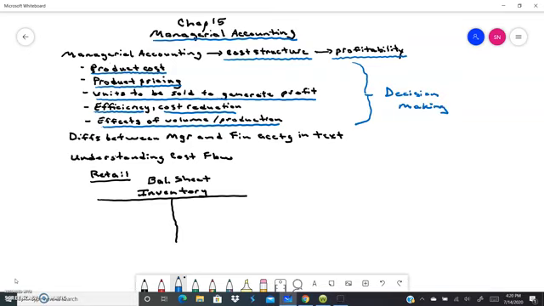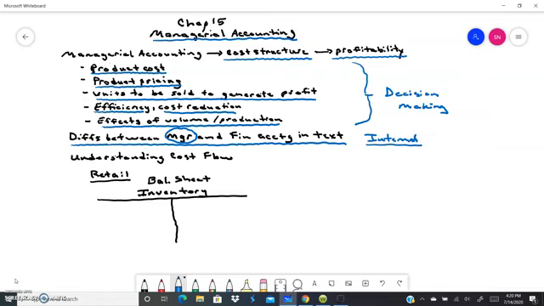And so in the textbook, there's a number of different differences between managerial and financial accounting. But I think the most important one is that managerial accounting is focused more internally. So we're using this information from a manager's point of view for internal decision making.